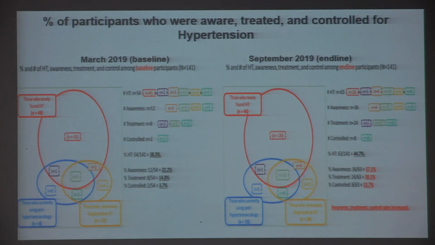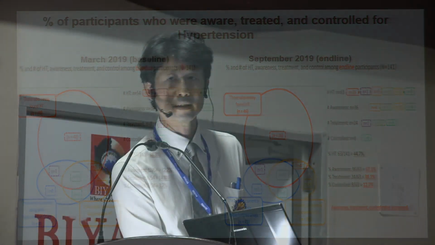This shows before and after. The red circle shows people newly found to have hypertension, the yellow one is those previously diagnosed with hypertension, and the blue one shows those currently taking hypertension drug.